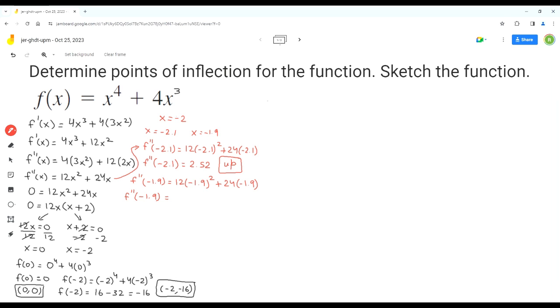So we have to do 12 times negative 1.9 squared and then plus 24 times negative 1.9. So I got a negative value, negative 2.28. That means the curve is concave down on the right side of negative 2.